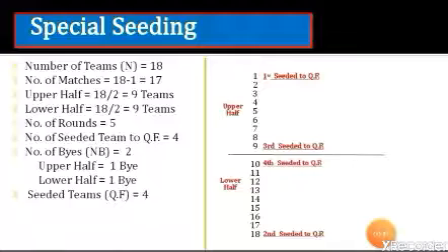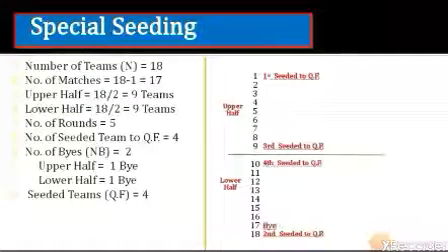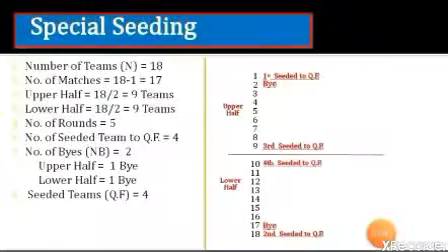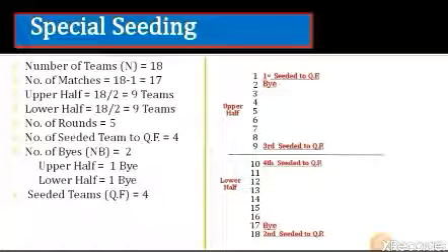So the first bye is given to the last team of the lower half, 17. The second bye is given to team number 2. After that we start the matches between the teams in the first round.